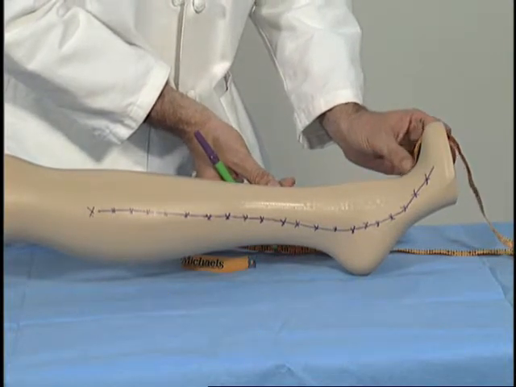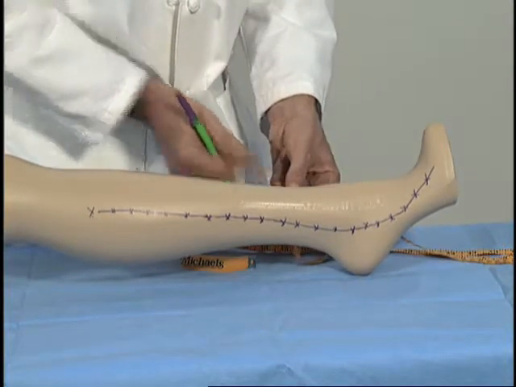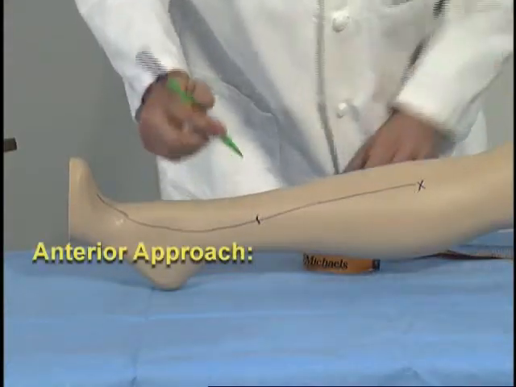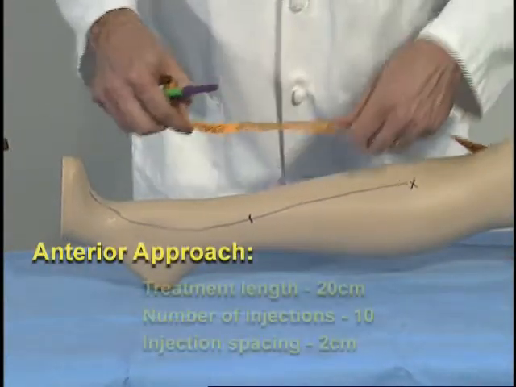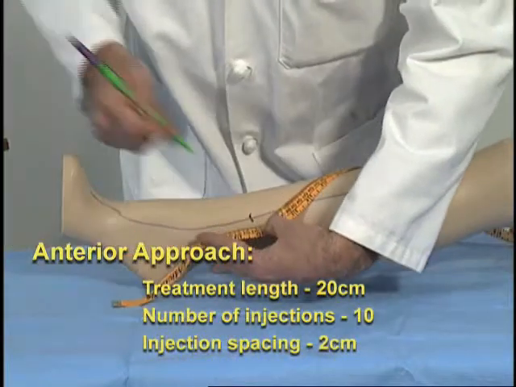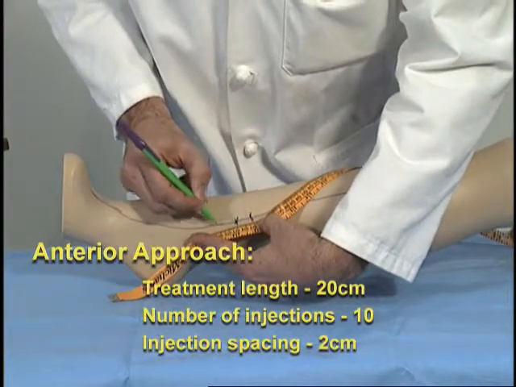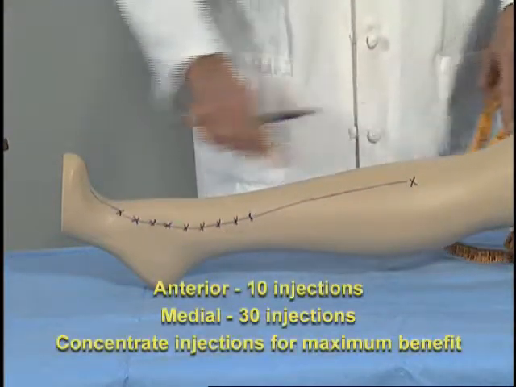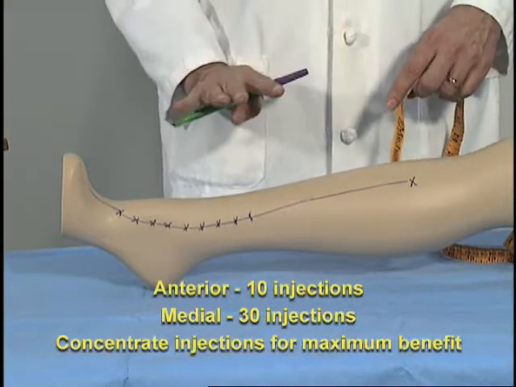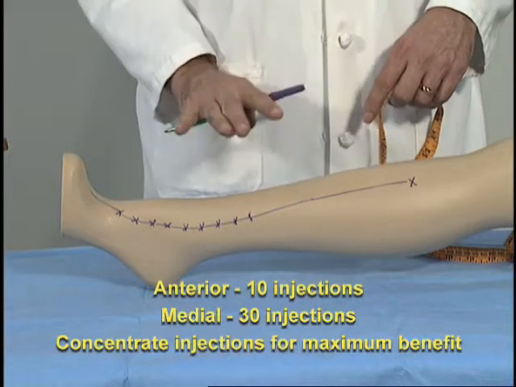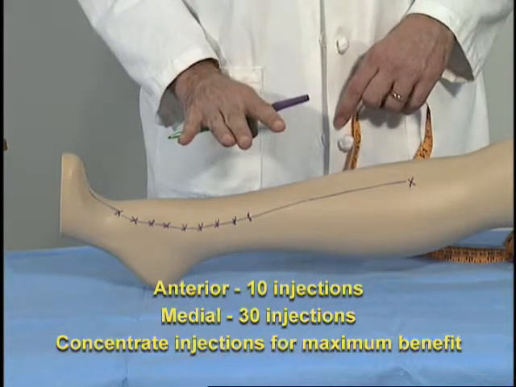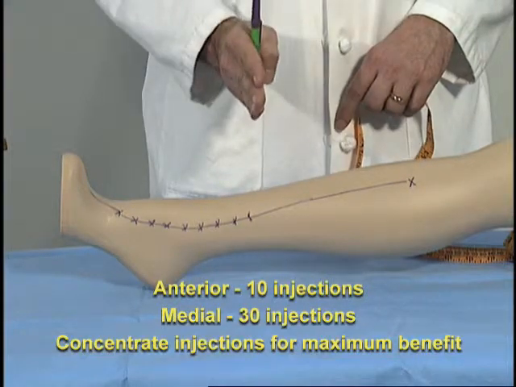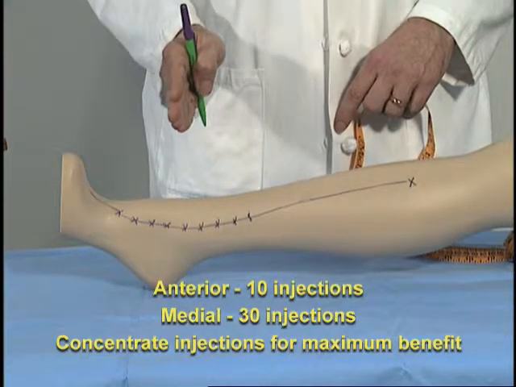So I'll measure back 20 centimeters from the end of this gradient, and here we'll be treating 2 centimeter intervals over the remainder of the leg. So 10 lateral, 30 medial, concentrating your injectate where you want your maximal benefit, remembering that your spacing is minimum 1 centimeter, maximum 2 centimeters.